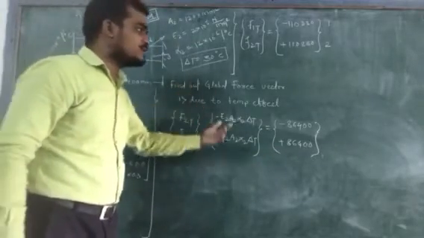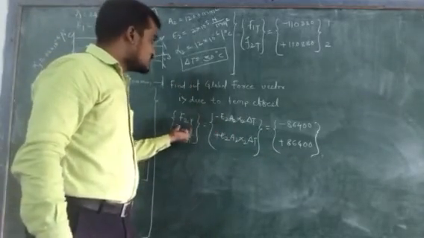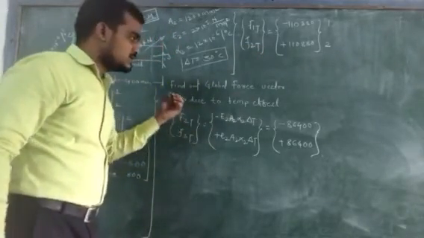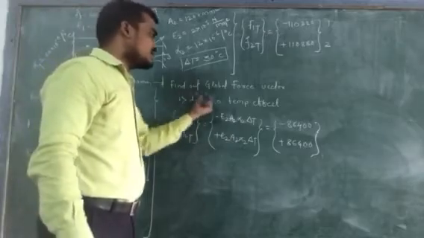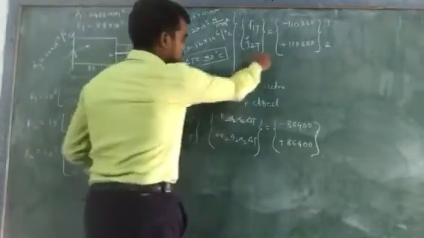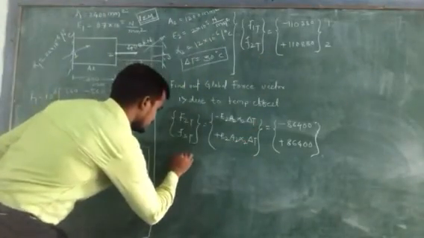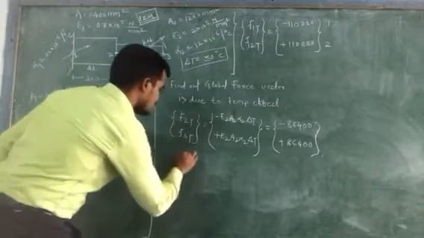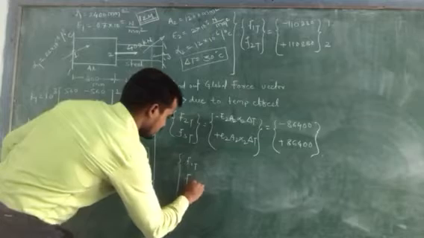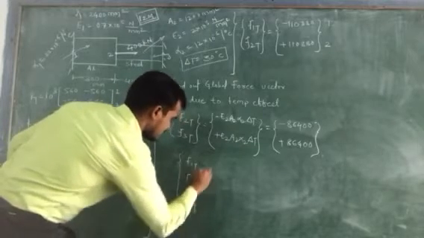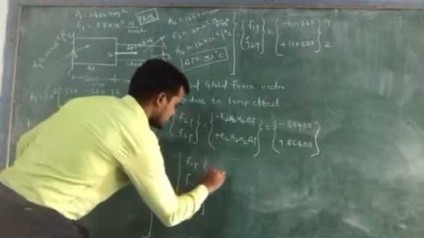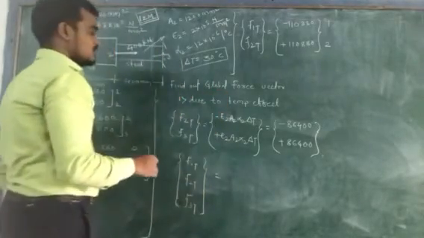Now we need to add these two nodal force vectors to get the force vector due to temperature effect only. By adding these two values, we will get the nodal force vector due to temperature effect as F1T, F2T, F3T. Just write down the positions of these two elemental nodal force vectors.